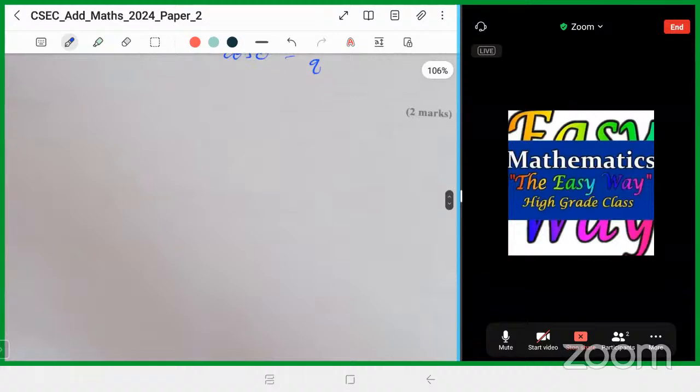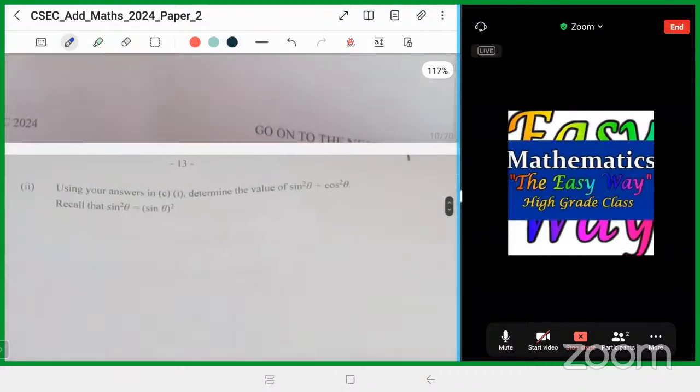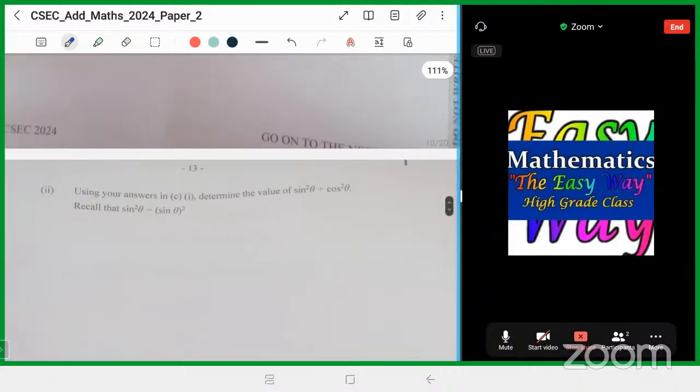Then it says, using your answer in C1, determine the value of this, which you all know has to be 1.